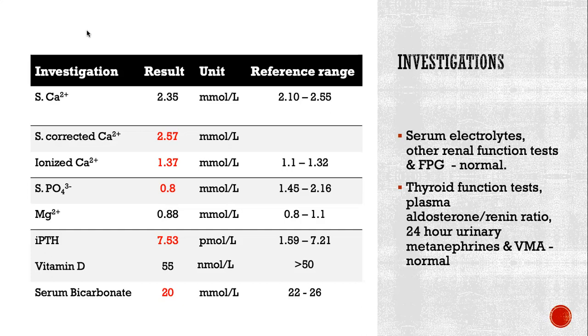To exclude the common causes of polyuria and polydipsia, we have done serum electrolytes and the other renal function tests and a fasting plasma glucose level, and all the results were normal. And to exclude the common causes for young hypertension, we have done thyroid function test, plasma aldosterone-renin ratio, and 24-hour urinary metanephrines and VMA level, and all were normal.